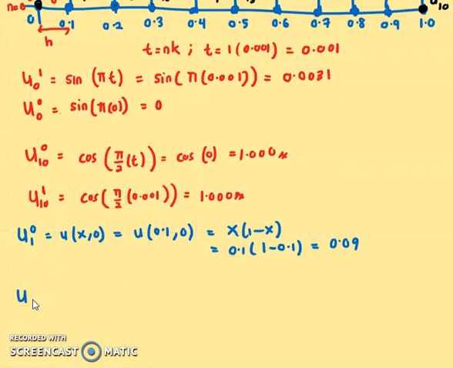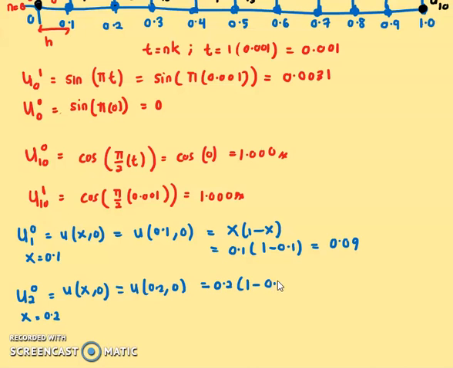Then u 2,0, the same thing, but for x equals 0.2, so we have 0.2 times 1 minus 0.2, and you can get 0.16, and so on. You need to find up to u 9,0, which is 0.9 times 1 minus 0.9.